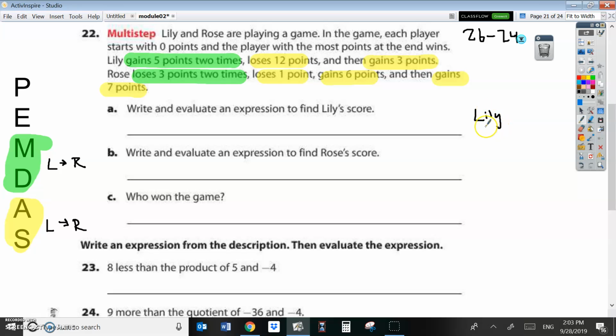So let's do this right here. Lily, she gains 5, 2 times. Okay, that's that part right there. Loses 12. Minus 12. That's that part there. And gains 3. Write and evaluate an expression to find Lily's score. Here it is.